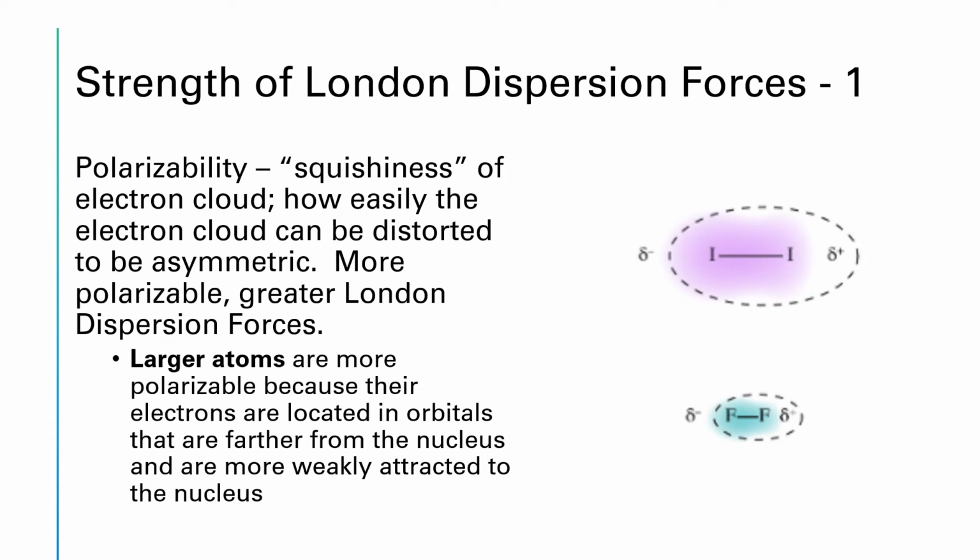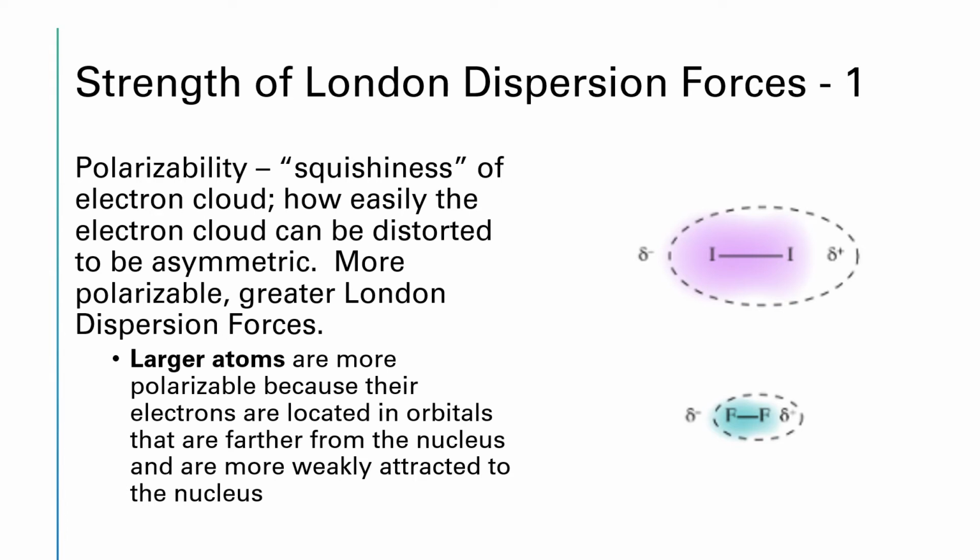Well, in iodine, which is a much, much larger atom than fluorine, those electrons are located much further from the nucleus than they are in fluorine. If you think about that in terms of the orbitals, the outermost electrons in iodine are in a p orbital that's much farther away from the nucleus than the 2p orbital of the fluorine outermost electrons.